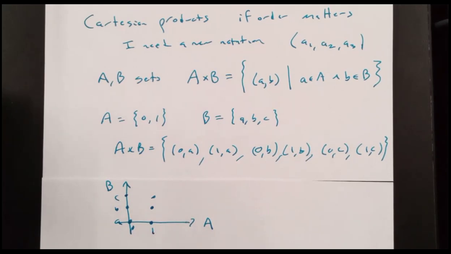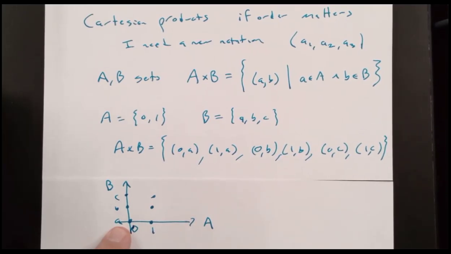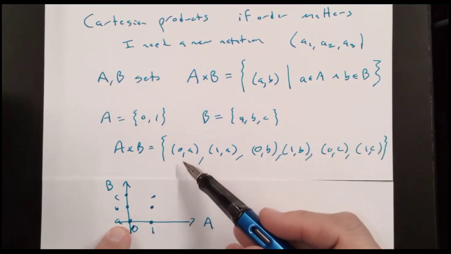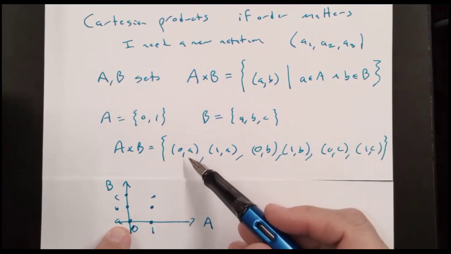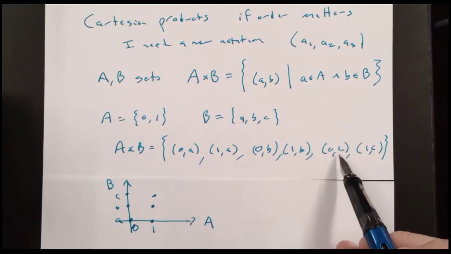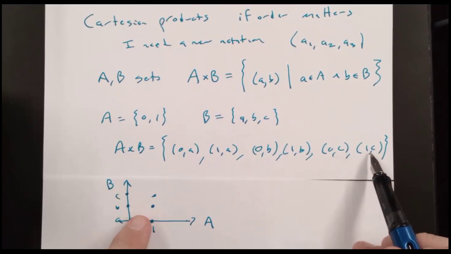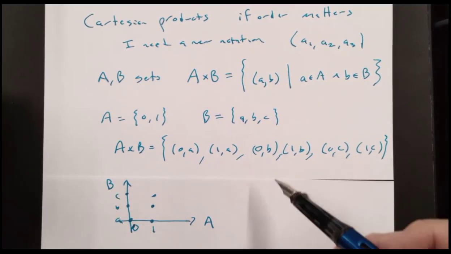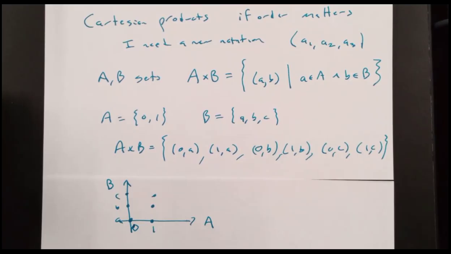And if we go by ordered pairs, then this first dot right here is 0A. And this dot, 1B, that's this one up here. And 0C is here, and 1C is that. You could label all of these with these 6, couldn't you?